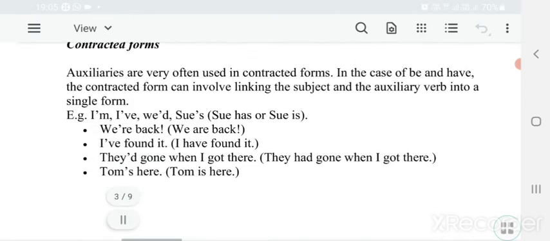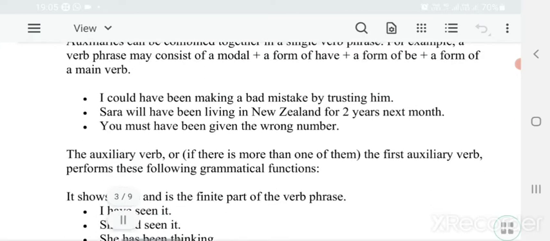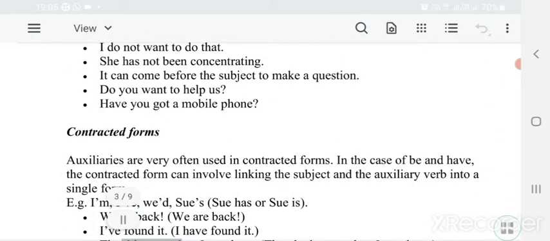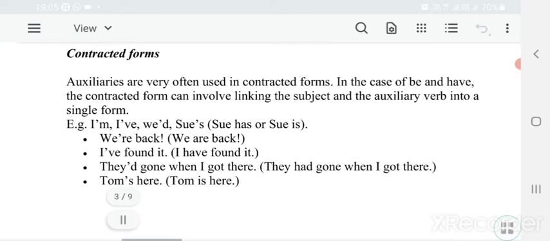So this part of the PDF is made especially to elaborate the idea, but this is the important portion of the slide. You see there are some contracted forms and the auxiliaries are used there. So how are these contracted forms used? Look at the slide.